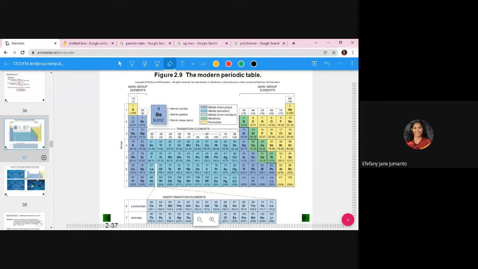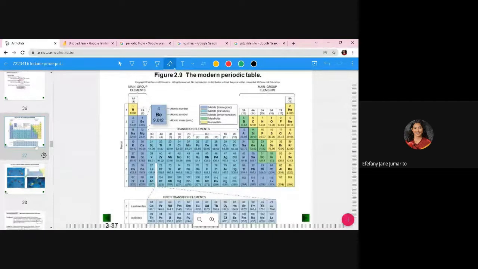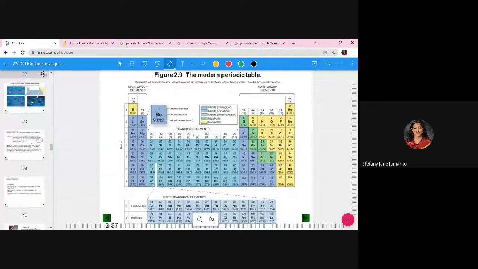Lithium. It is a metal, then main group. Okay. Aluminum is also a metal. Then astatine.